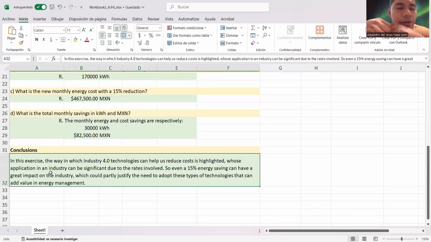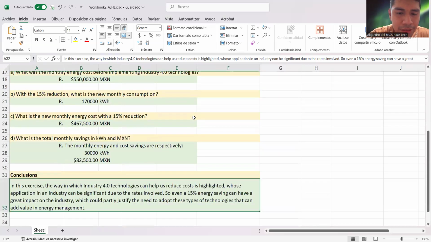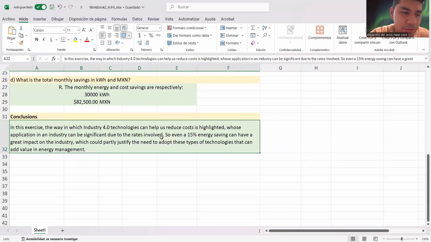So what are the conclusions of this exercise? Well, with this exercise, we can see the Industry 4.0 technologies can help us reduce cost. In this exercise there is just one tariff rate, but obviously we can reduce the consumption because we have more efficient practices.